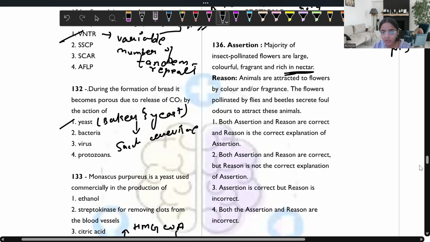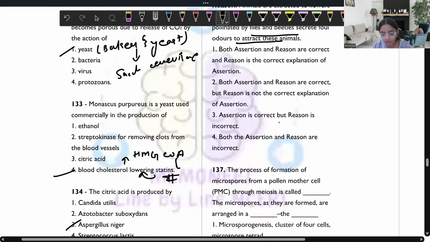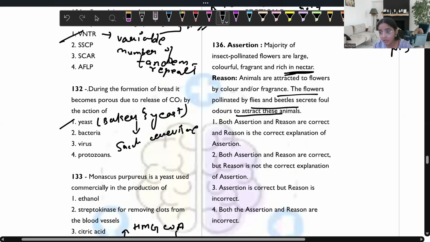Animals are attracted to flowers by color or fragrance. The flowers pollinated by flies and beetles secrete foul odors to attract these animals. This is a correct reason. So both assertion and reason are correct.